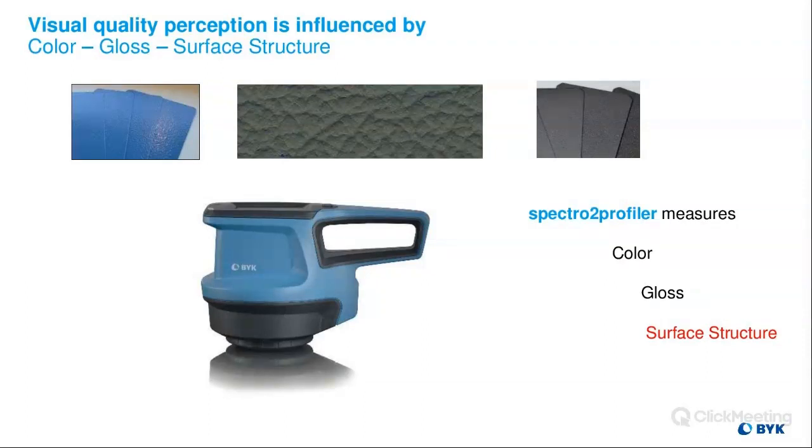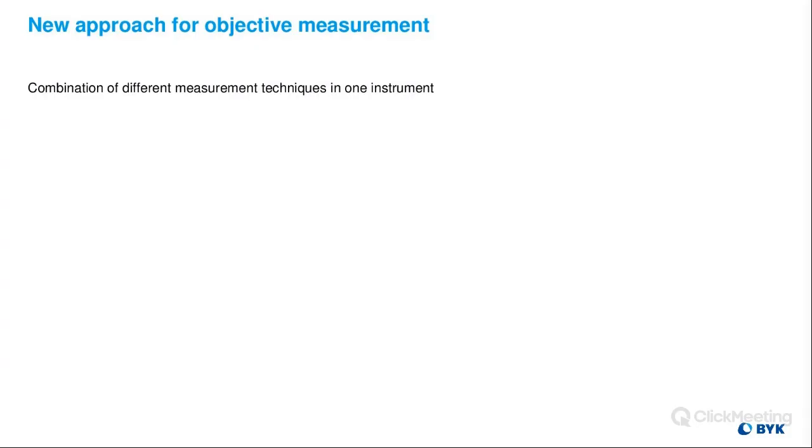So to that effect, the Spectro2 Profiler measures color, gloss, and surface structure to control for all those different aspects of the appearance. This is a new approach for objective measurement. It combines several different techniques into one instrument.